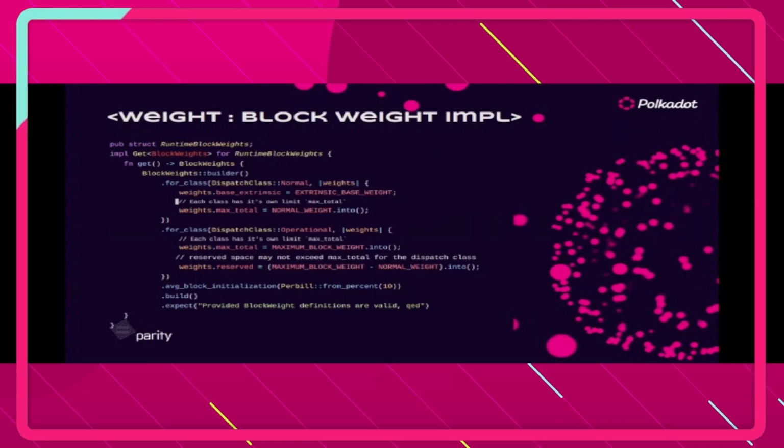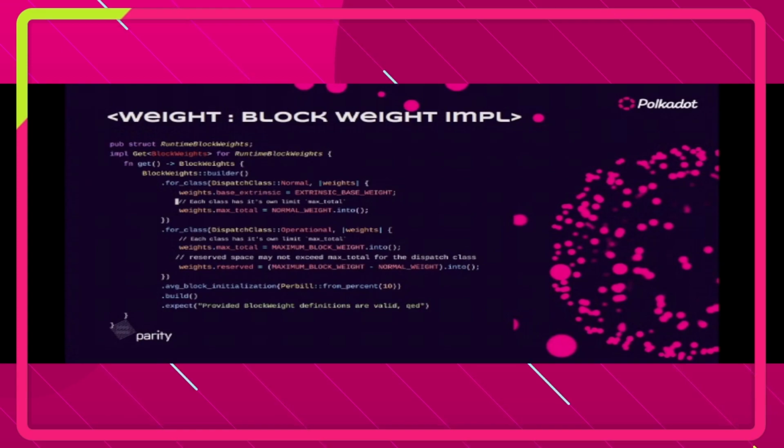And I guess there was one more that I can't recall, but maybe as we go through this, I'll talk about it. I guess it was the account nonce, if I'm not wrong. Anyway, we configure weights max total as the normal weight.